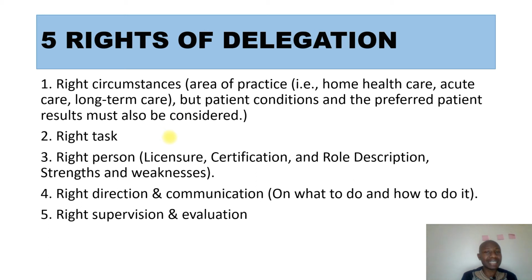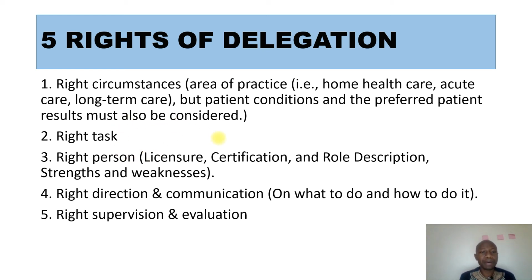Then the right task, make sure that you delegate the right task. It has to be a task within that person's ability to do, and within their scope of practice. It must be a task that they feel confident about doing.